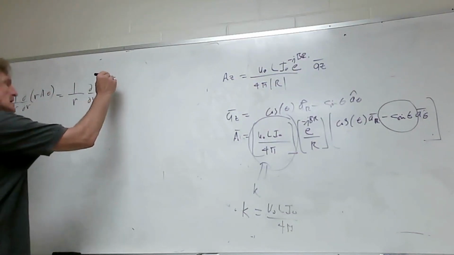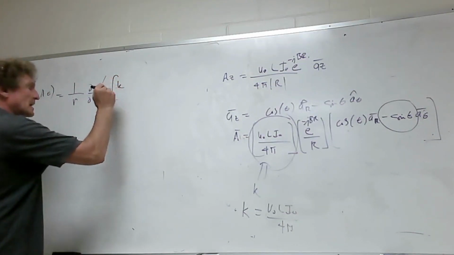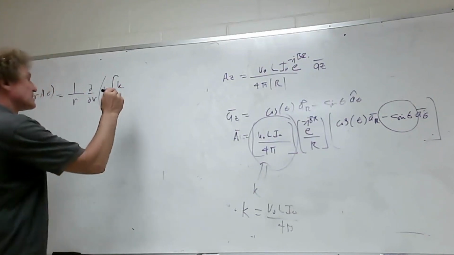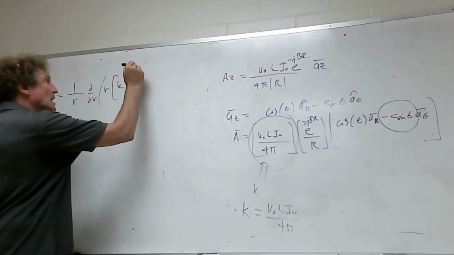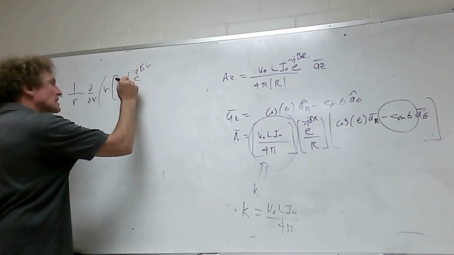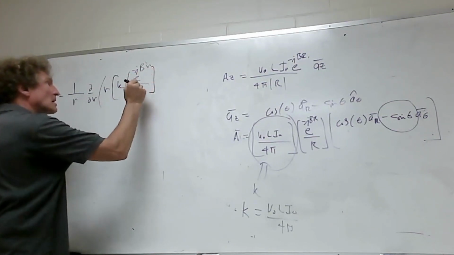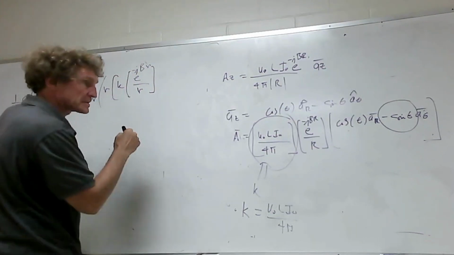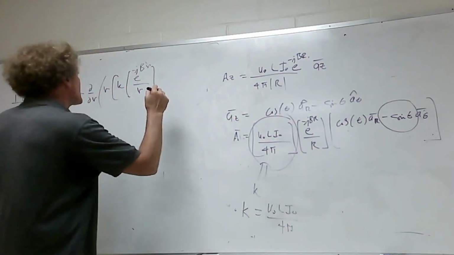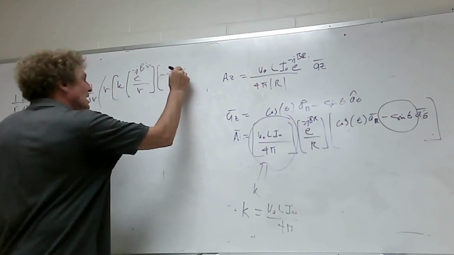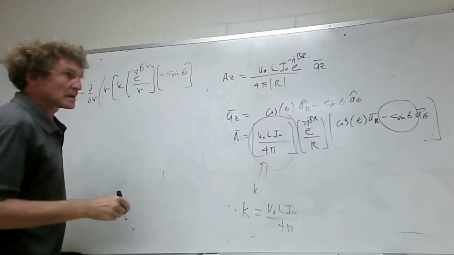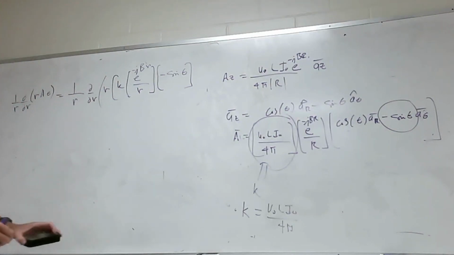So this is going to be times k times this function, e to the minus j beta r over r, right? And then it's going to be times a minus sine of theta, and that is the A theta.